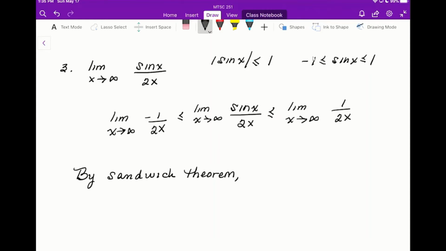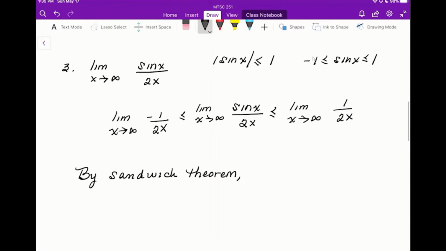So now let's use the sandwich theorem. The limit on the left is 0. The limit that we're trying to find is the limit as x approaches infinity of the sine of x over 2x. And then the limit on the right is also 0.